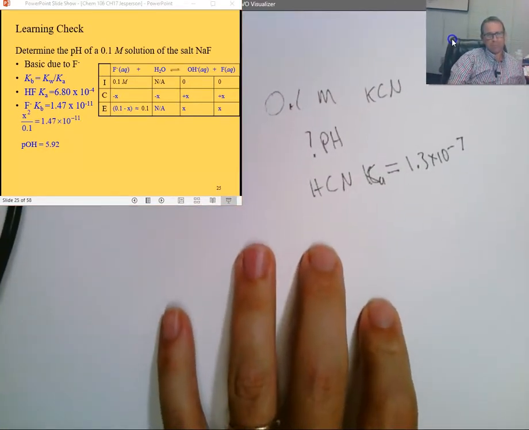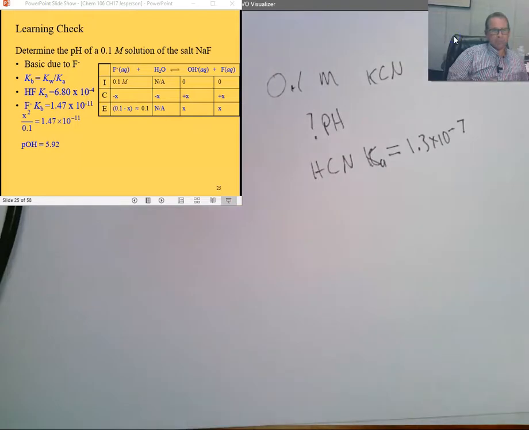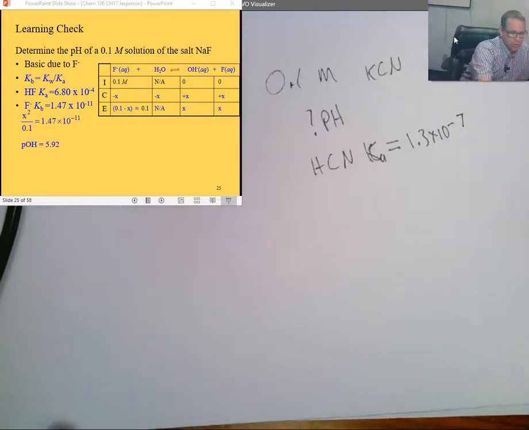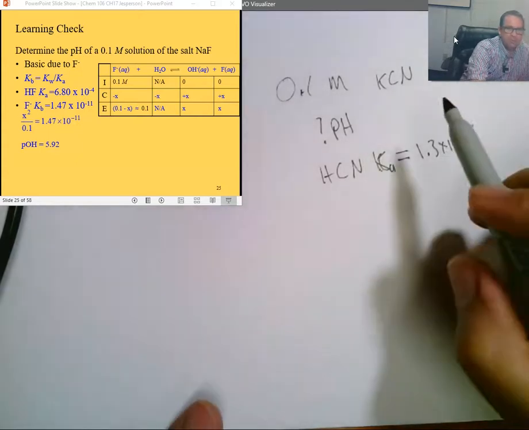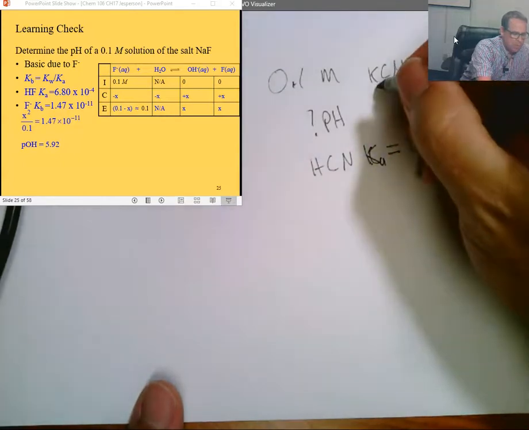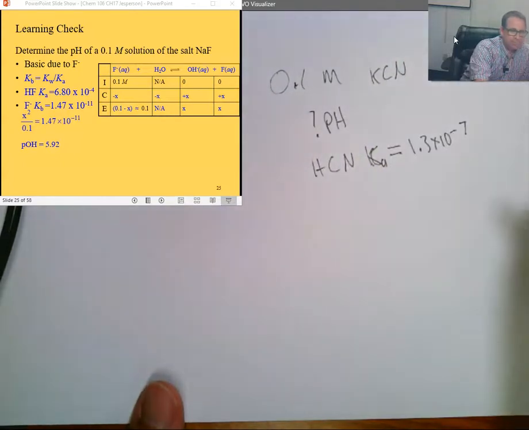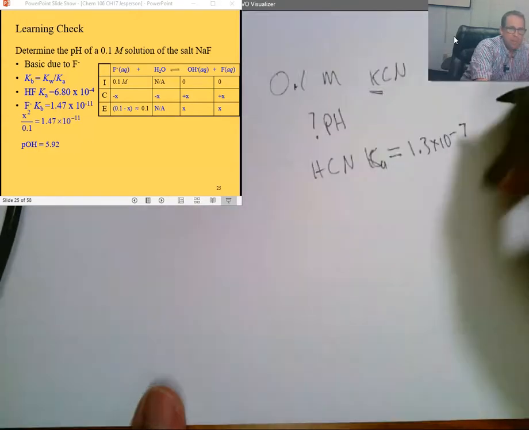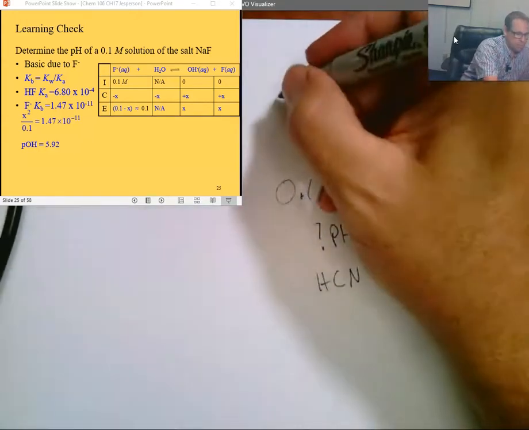So first we have this KCN, and it reacts with H2O. Should we do the reaction first? Sure, that's fine. Which one are we going to be concerned about? Which ion? The K ion. The potassium ion? How is it going to react? What's it going to do?